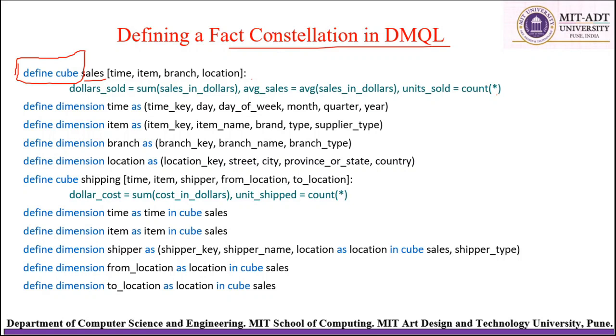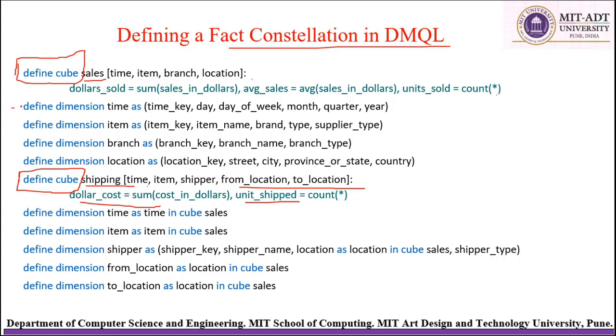Secondly, we have to define the other cube, that is shipping. So this is the second fact table, shipping, which has the different time key, item key, shipper, from location to location, with the measures dollar cost and unit shipped.